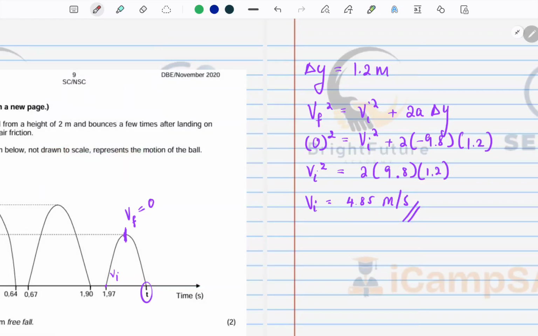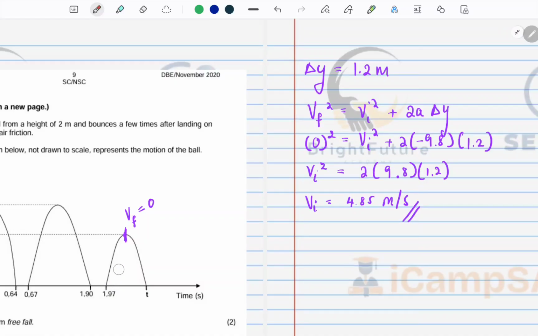Now we are not done as yet because we are looking for time. So we can use another formula to get the time, this t. How do we go about this? Which formula do you think we use?